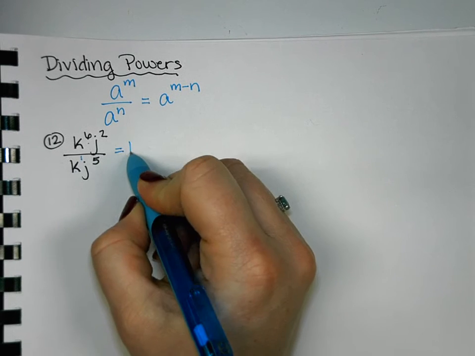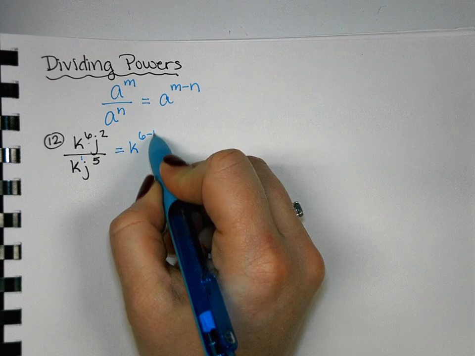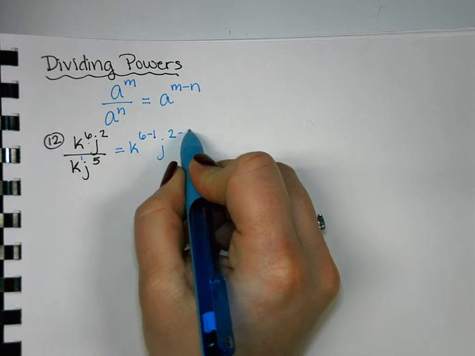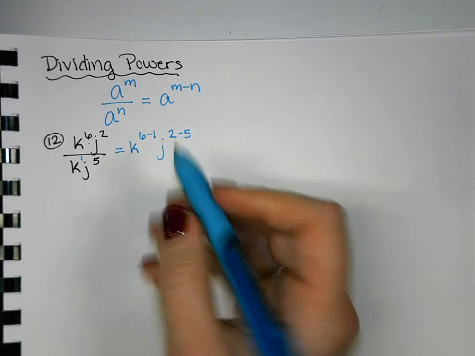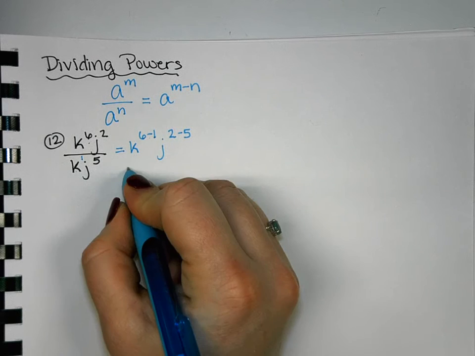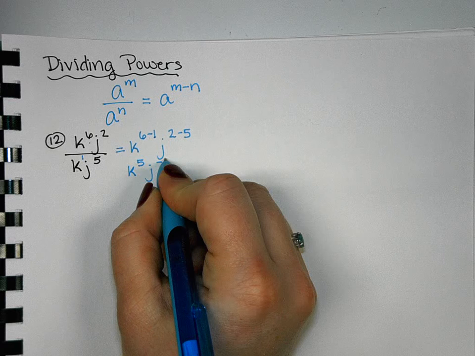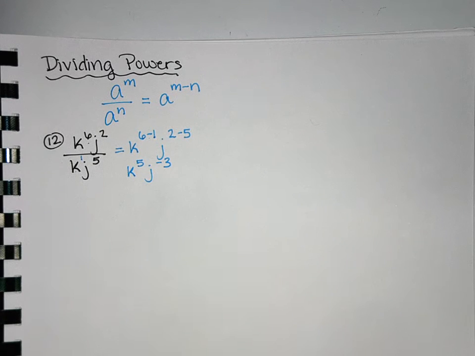So we're going to have k to the 6 minus 1 power and j to the 2 minus 5 power. 6 minus 1 is 5. 2 minus 5 is negative 3.